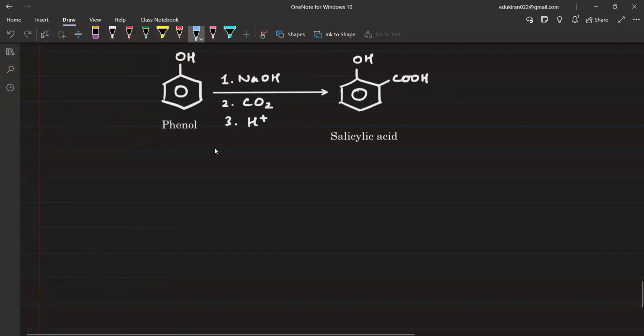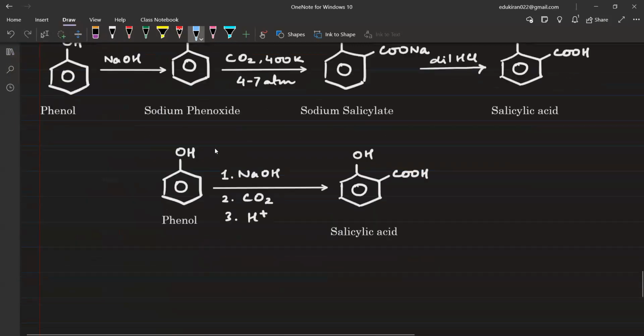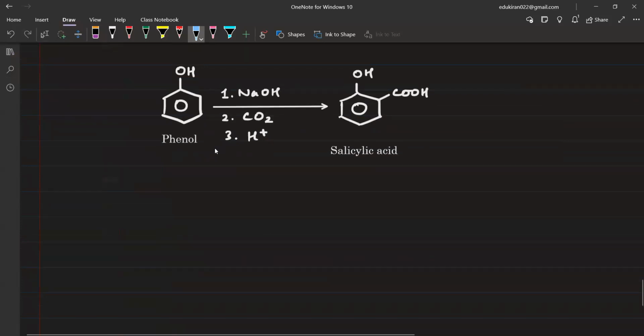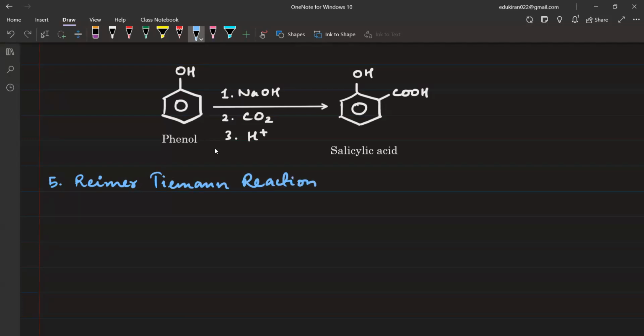Okay, after this, you are going to write which reaction? The fifth reaction. That is Reimer-Tiemann reaction.